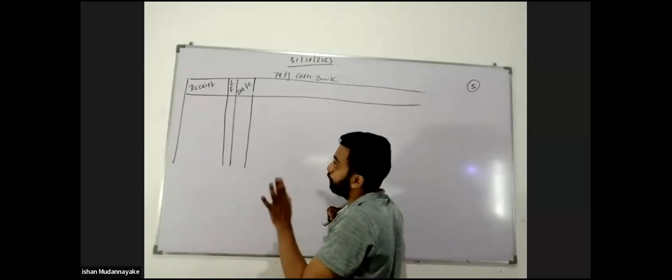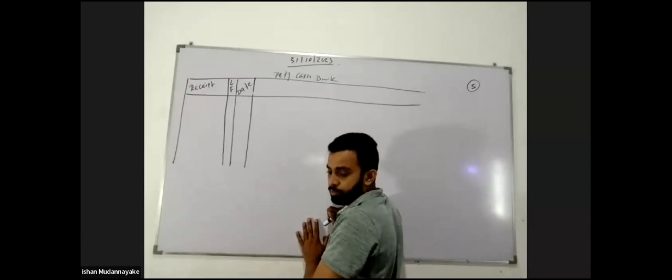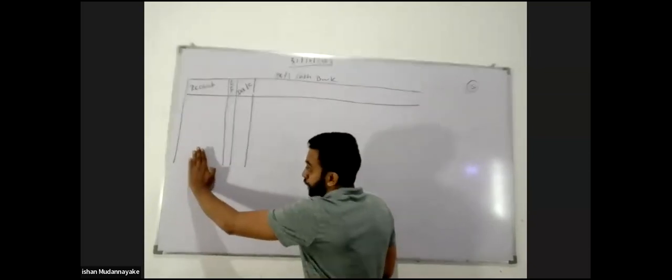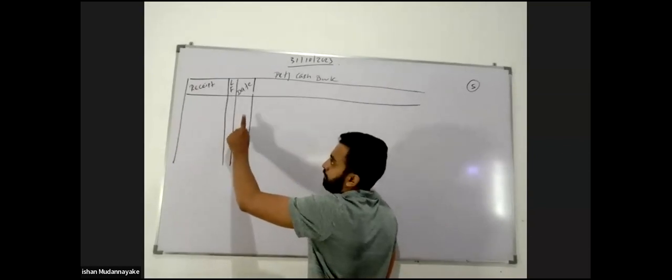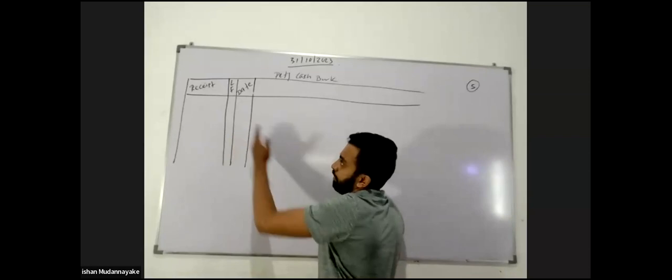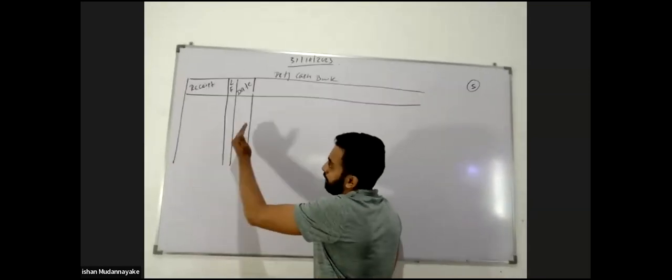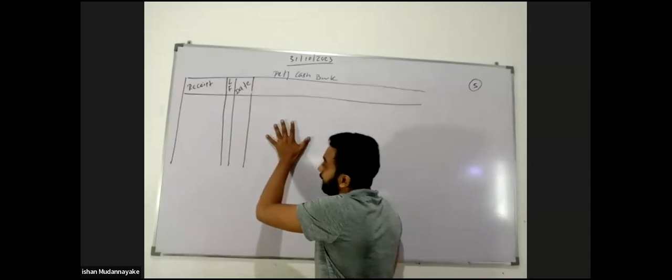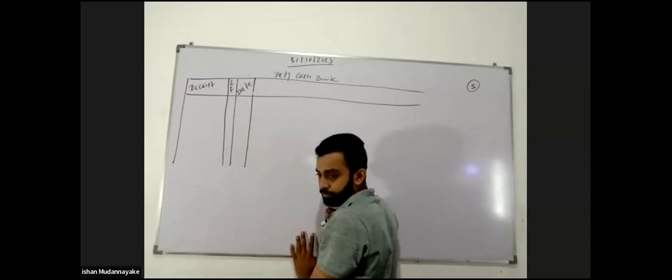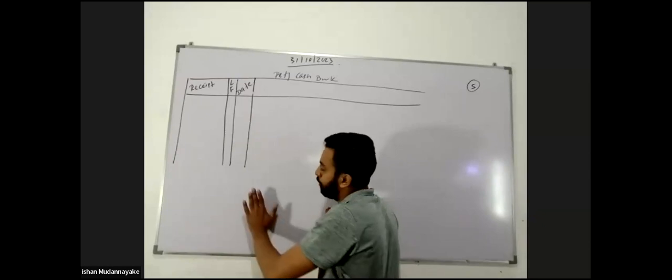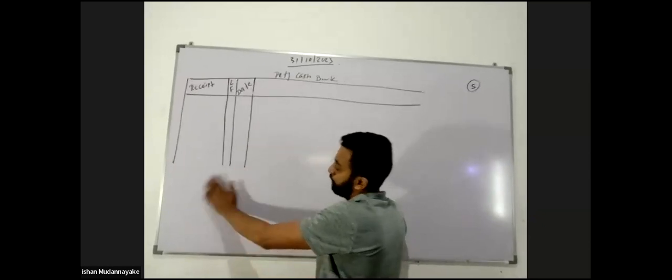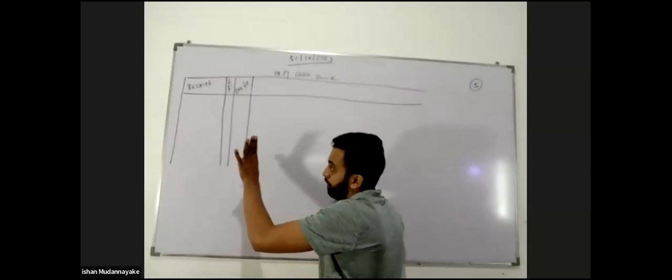The date column is common for both sides. The date of cash receipt we record in this column, and the cash paid date we record in this column too.